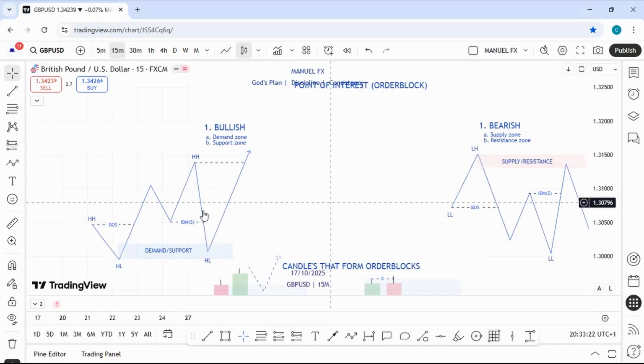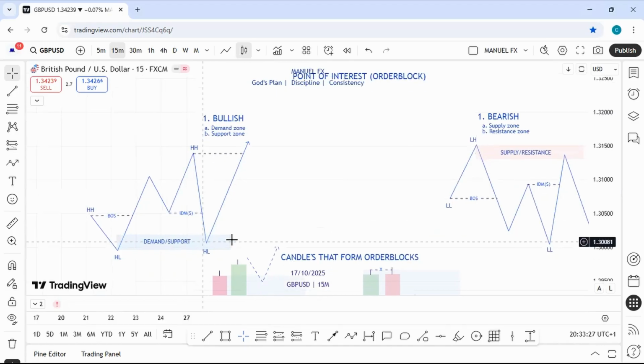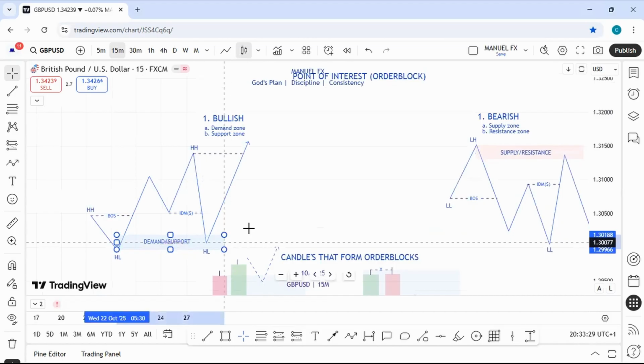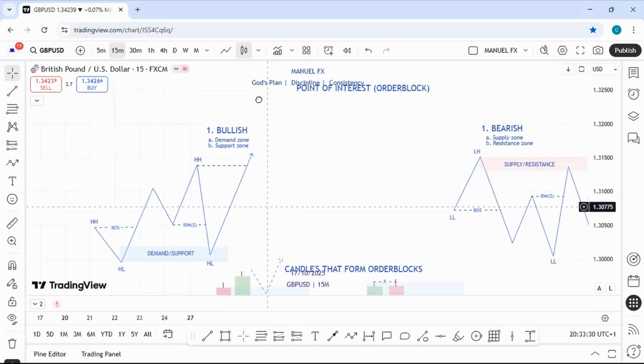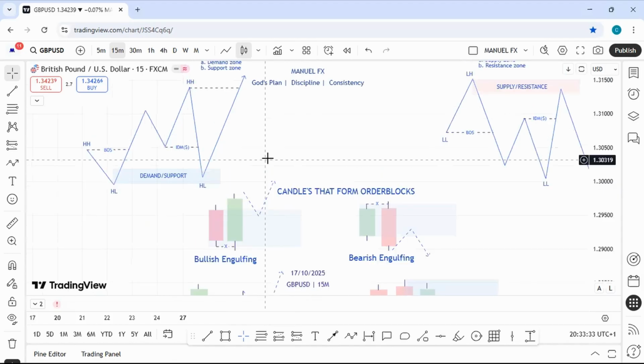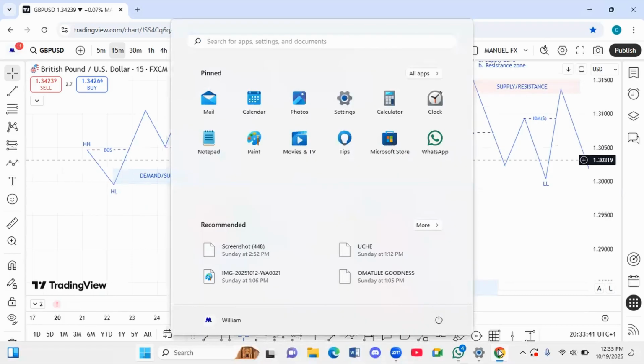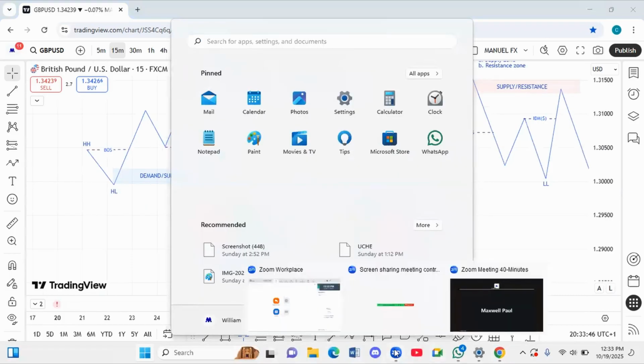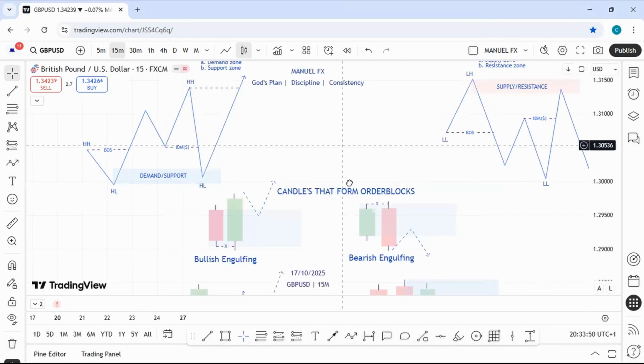As price has taken an inducement, the next thing we expect price to do is to action a POI, our buy POI, because the market is creating a series of higher highs and higher lows. So we expect that price will come into a buy POI and tap us in and activate our buy orders.